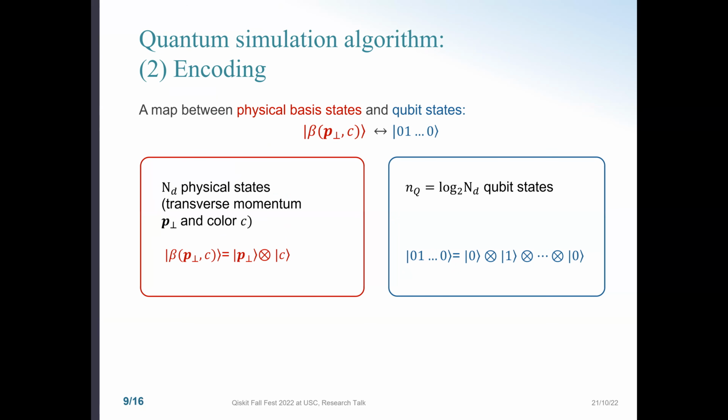Those physical basis states run over the different transverse momentum modes and colors, and we would like to encode them into qubits, which are binary bits of 0 and 1. Just for example, if we are encoding some momentum mode with the quantum numbers 1 and 3, px and pi 1 to 3, first you write it in its binary representation, that's 0 1 and 1 1. And then you can encode it to the qubits on the circuit. So this is the idea of encoding, it's just a matching.